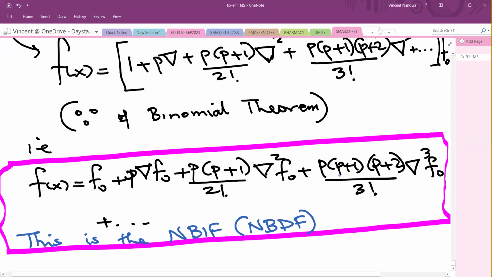So we call this one 2. In a similar way as in our first formula, we need to know when to apply the Newton backward interpolation formula and how.